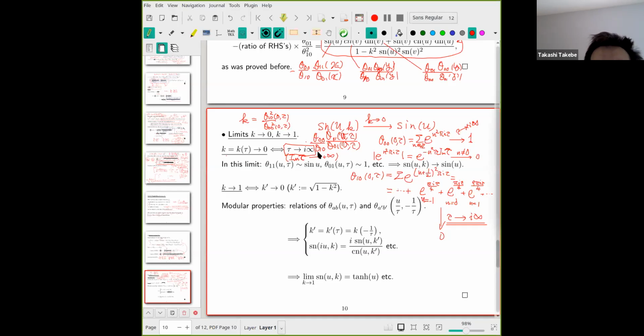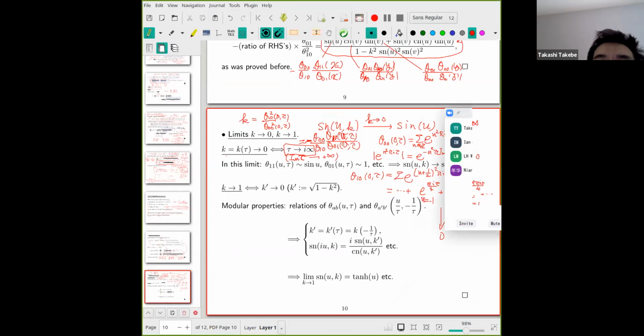Yes, okay. In this limit, this expression goes to sine of u. How can we show that?